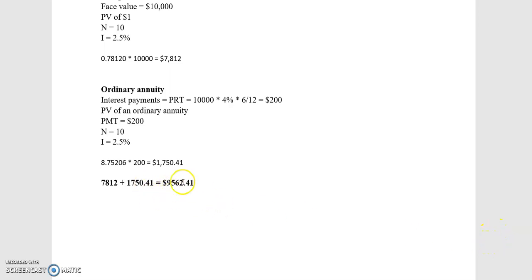Essentially, if we showed the money coming out of this account over that 5-year period every 6 months, and then at the end take out the full 10,000, you'll notice the balance is zero. That's what we're essentially trying to do here.